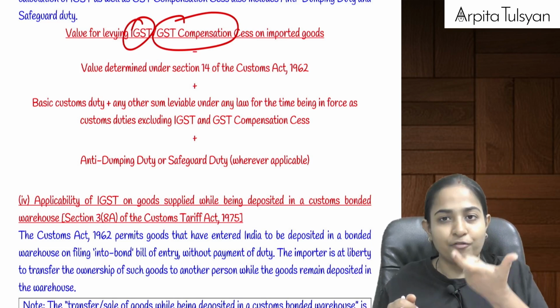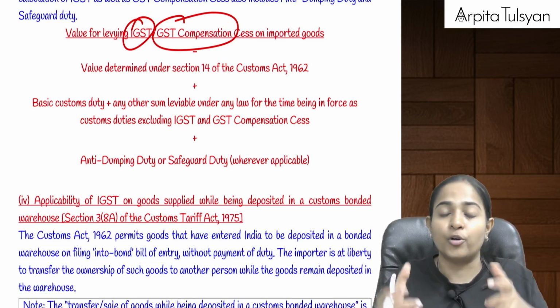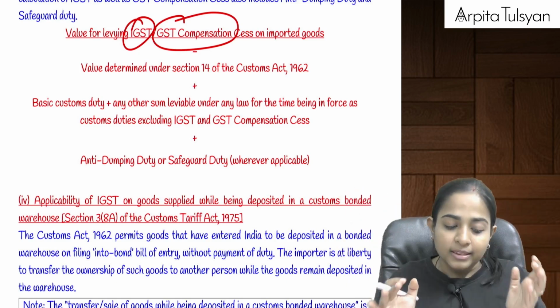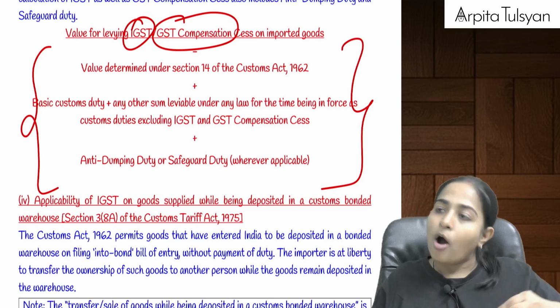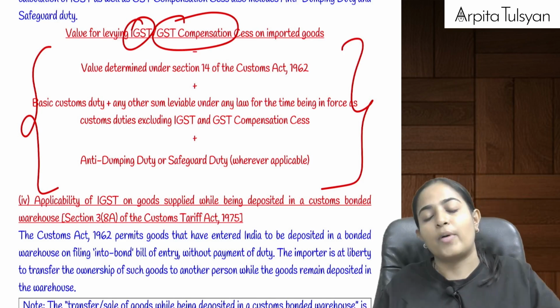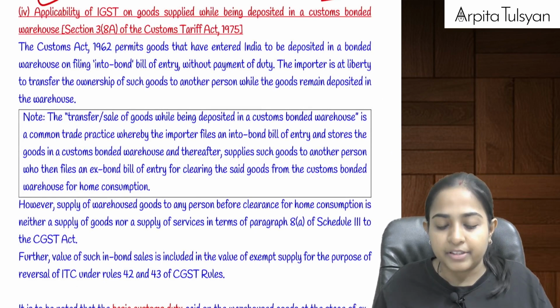So the value of the goods as per customs plus all the customs taxes levied on you. On this total amount we are required to pay the IGST, and on this amount itself we are required to pay the GST compensation cess. Are you clear with this?